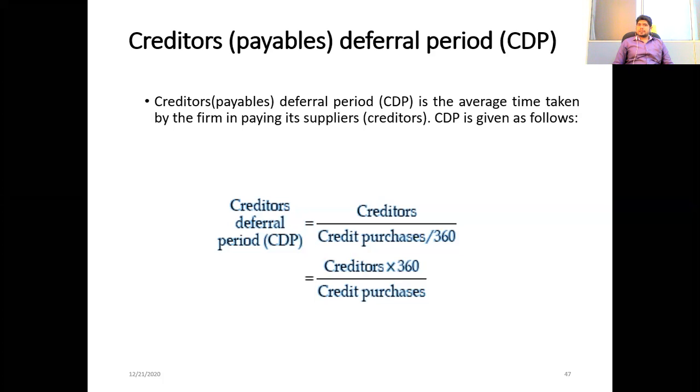And finally, the creditors payable period equals average creditors divided by credit purchases, right, into 360.